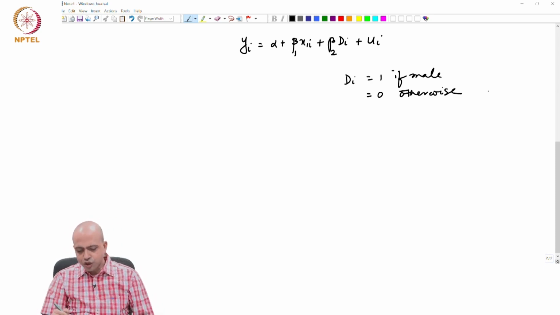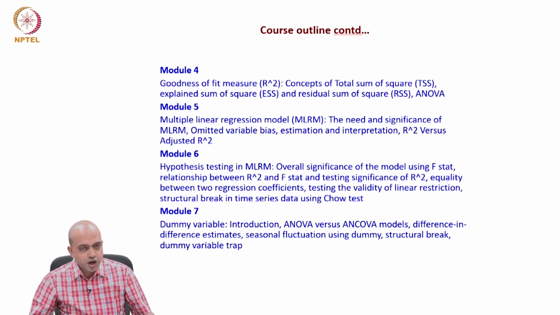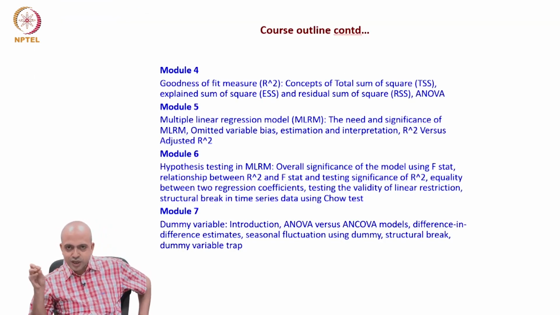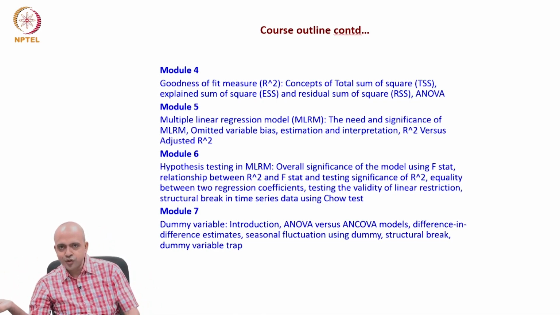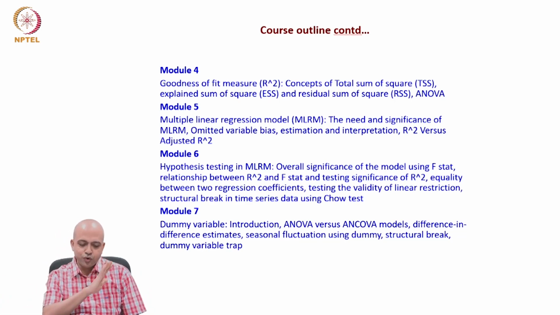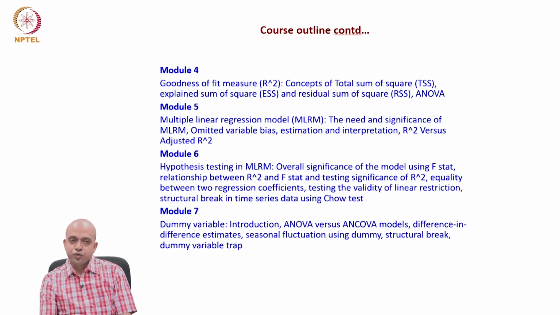So, this is how the dummy variable technique is very important, because many times some of our explanatory variables are qualitative in nature, and a dummy variable converts that qualitative information into quantitative information, and that is what we are going to learn in this module 7, which talks about the dummy variable.